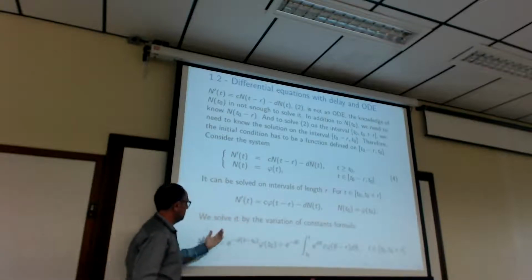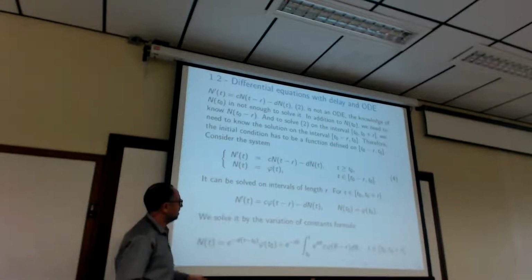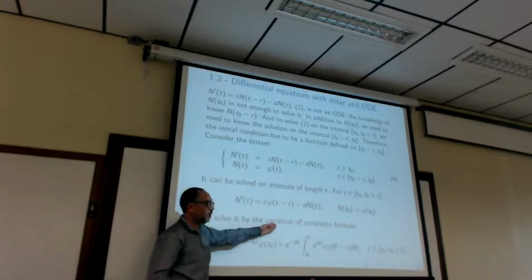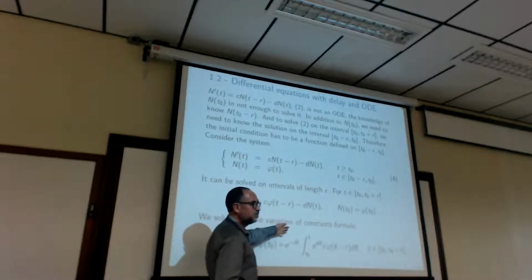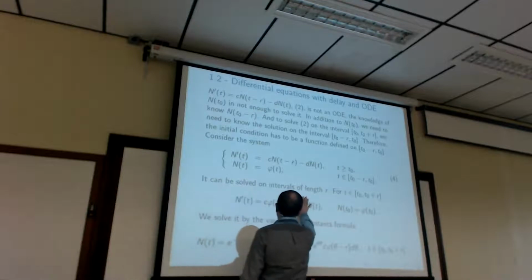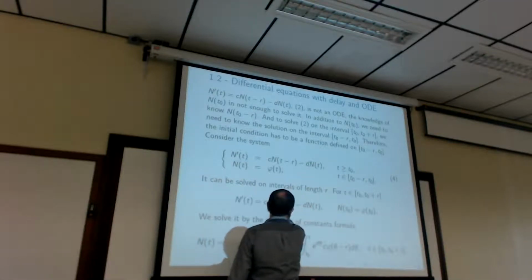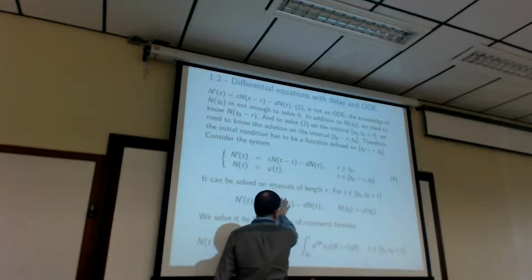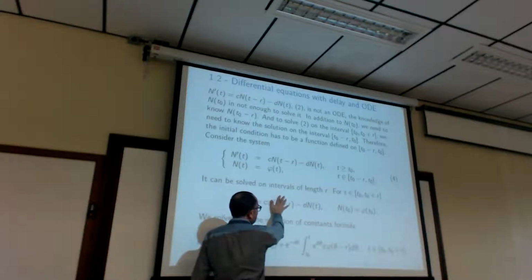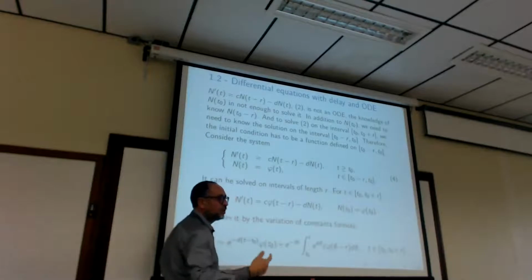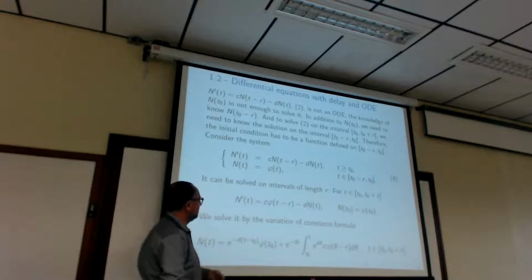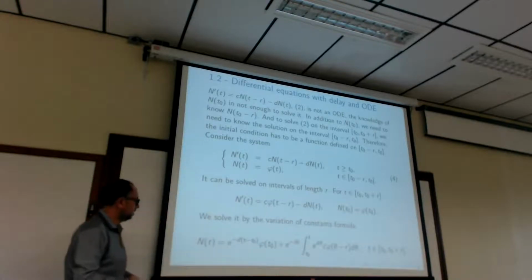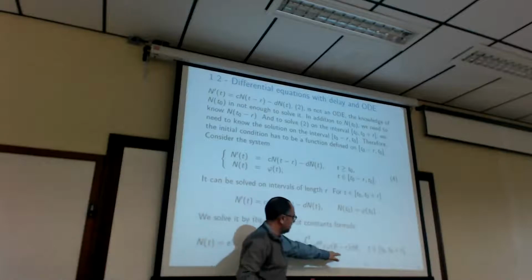We can solve this ordinary differential equation by the variation of constant formula. Everyone knows this. If there is something, with the variation of constant formula, we first solve the ordinary differential equation without the non homogeneous part, and after that we apply the method of variation of constants, adding this non homogeneous term, and then we have this solution.